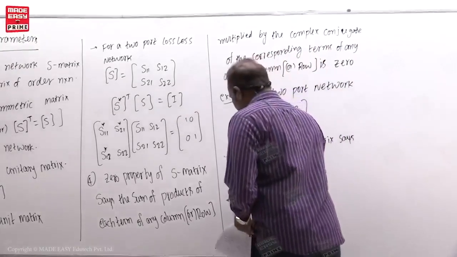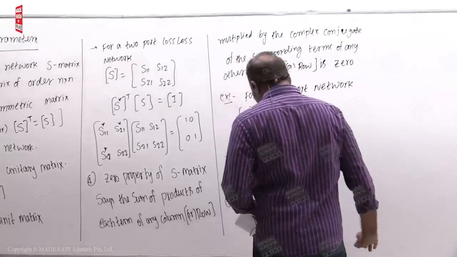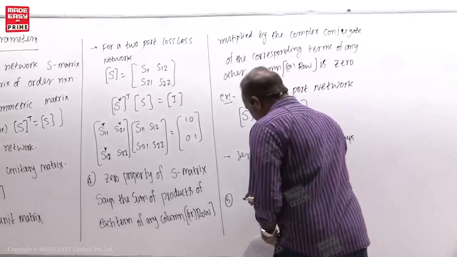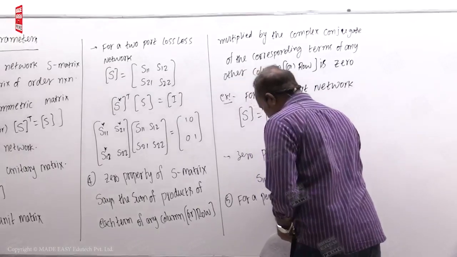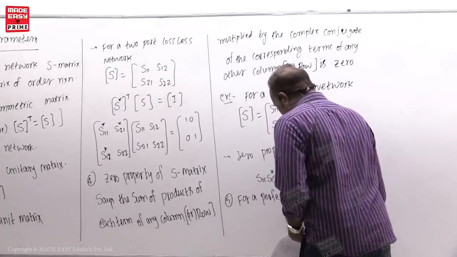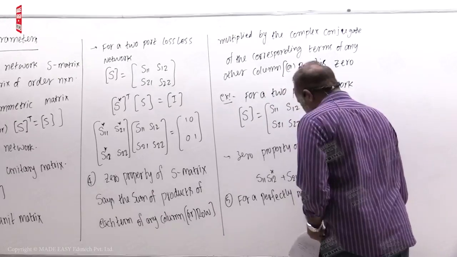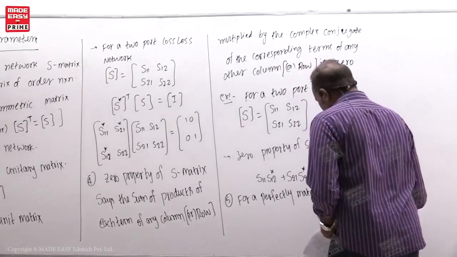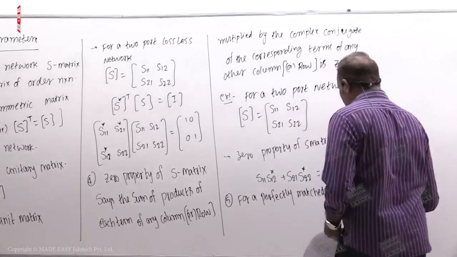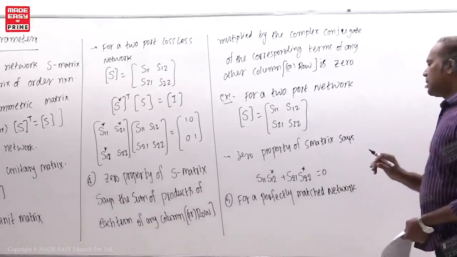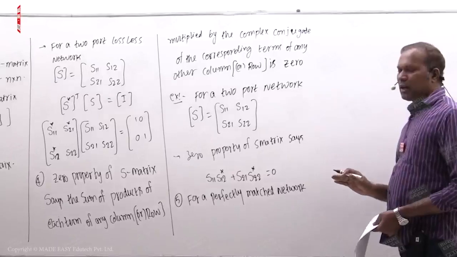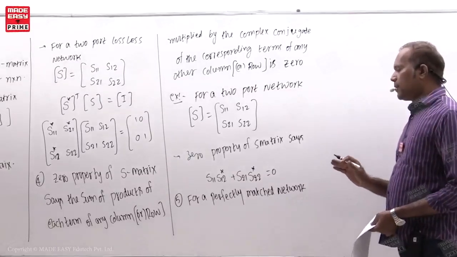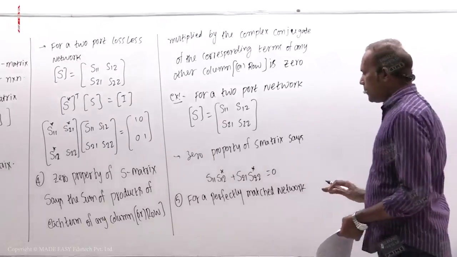Next point, fifth point, for a perfectly matched network. I told you, if any network is perfectly matched at input as well as output, then all reflection coefficients are 0. That means diagonal elements are 0.